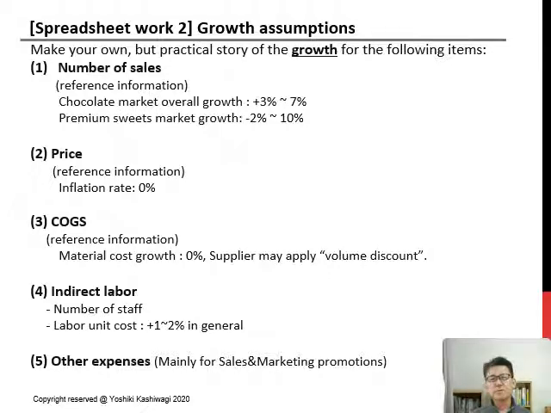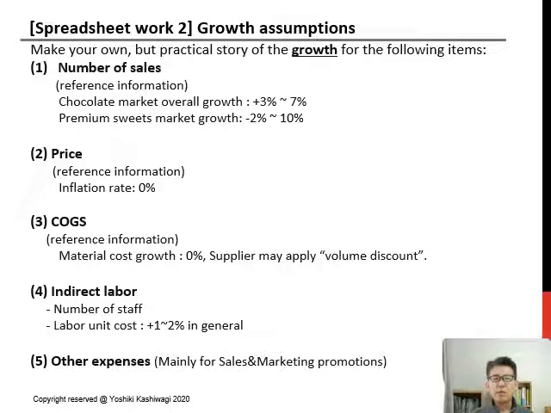So it depends. But in general, if you grow your business, you can have some volume of sales, so you have some buying power against the suppliers. In such a case, you can negotiate to reduce the material cost. That's part of COGS. So think about your business model, business strategy, and how you grow your business. Indirect labor cost, what do you think?